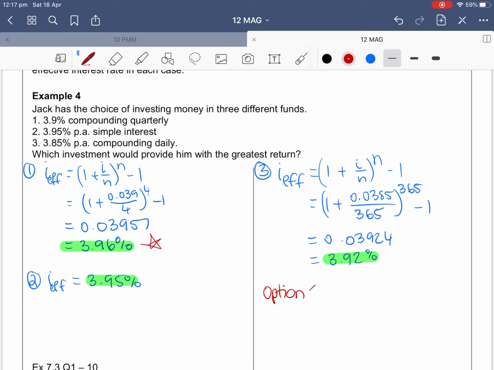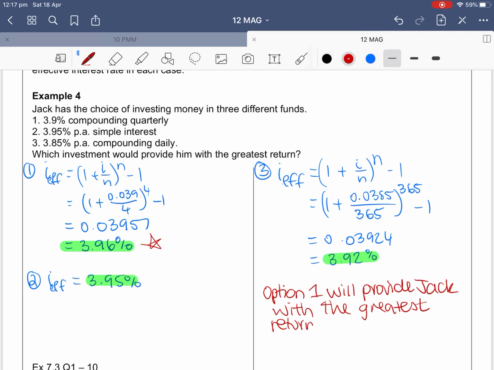Option 1 will provide Jack with the greatest return, and we better make sure we state why as well, as it is the option with the highest effective annual interest rate.